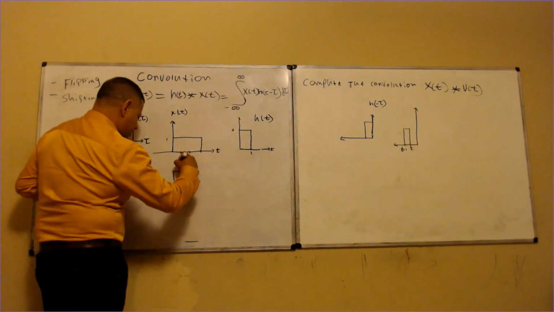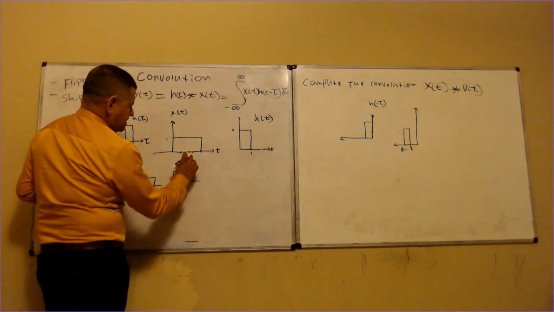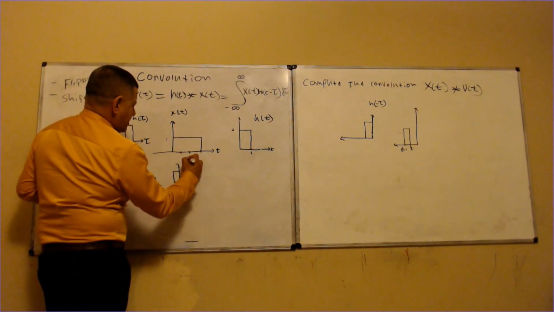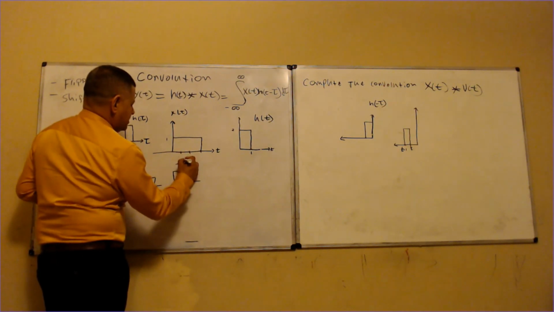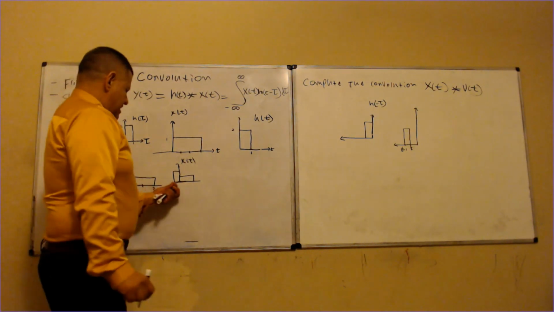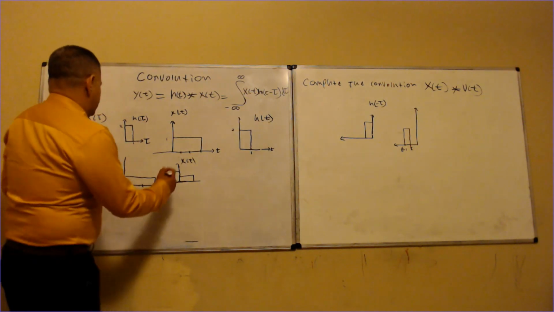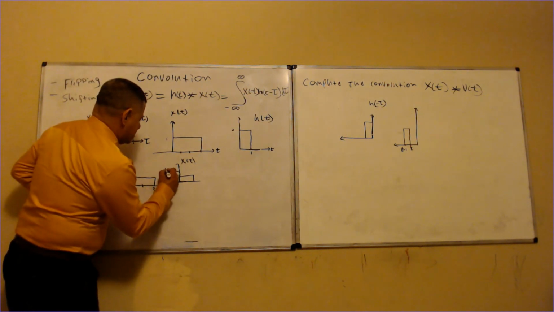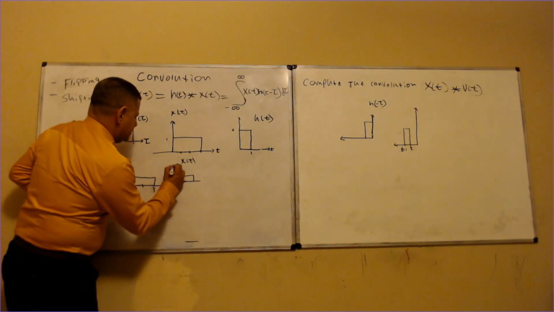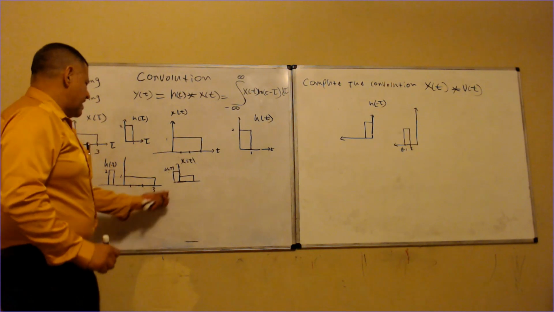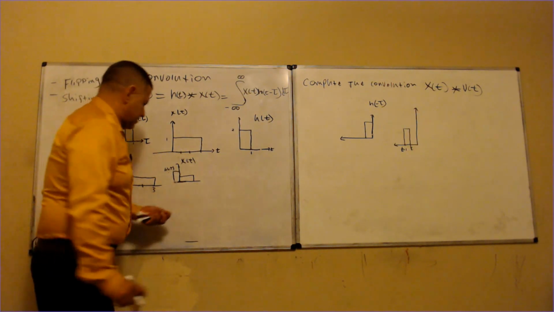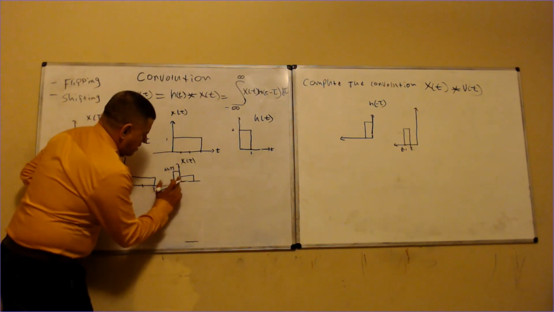Notice that this guy right here is s of t, and this is h of minus tau. Now, if it's not overlapping anything, it's still 0.